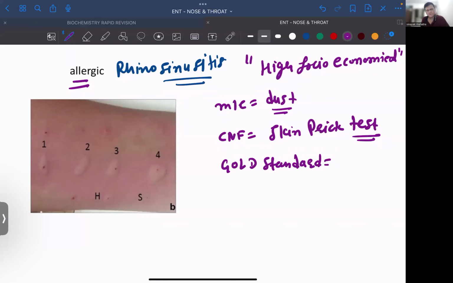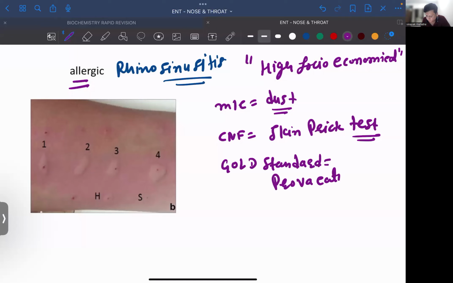In this, we are going to provoke the nose by putting different kinds of allergen inside the nose. नाक के अंदर ही हम allergens जैसे स्किन पे डाल रहे हैं स्किन prick test में. Now we are going to put allergens directly inside the nose.